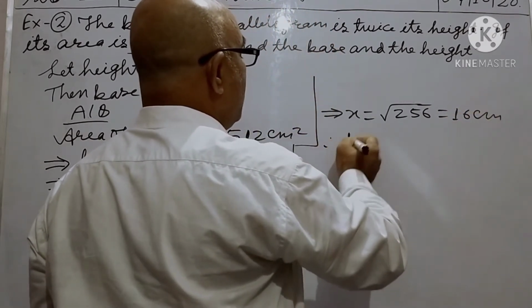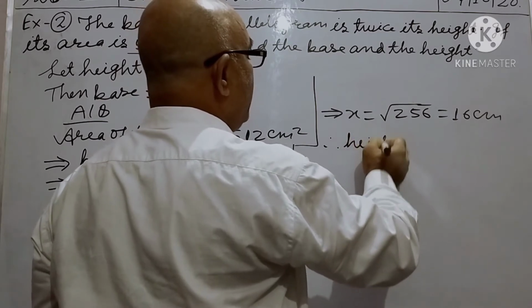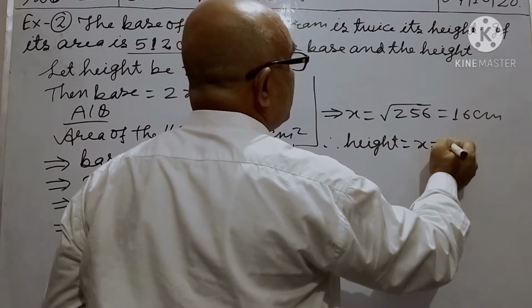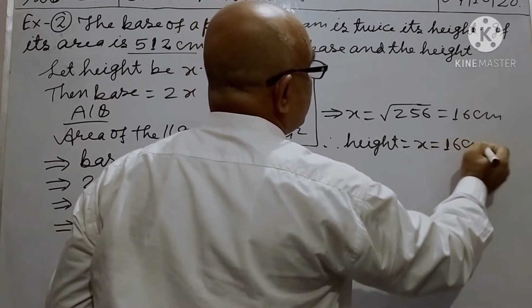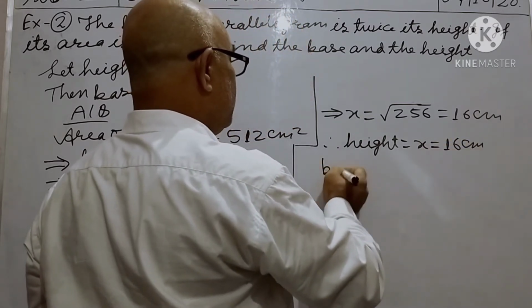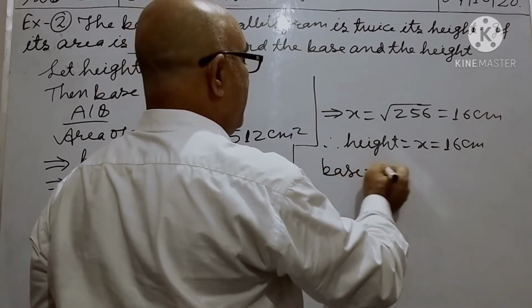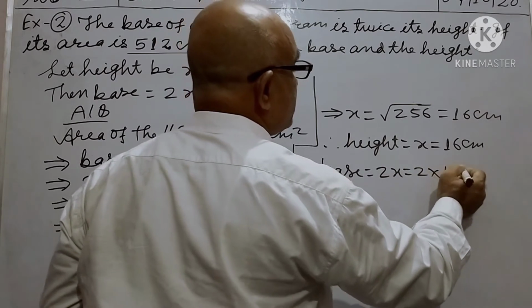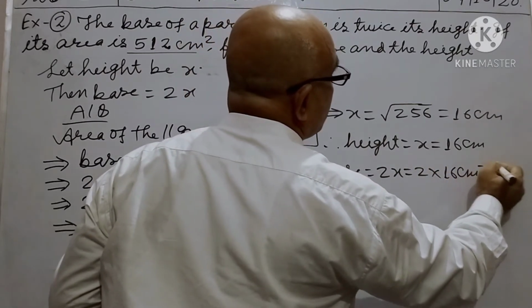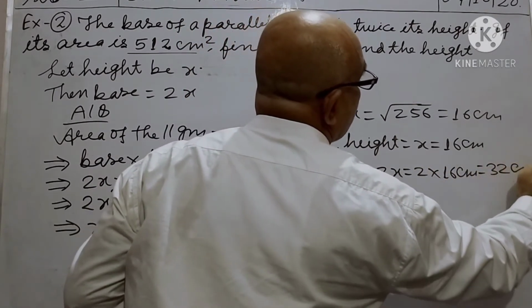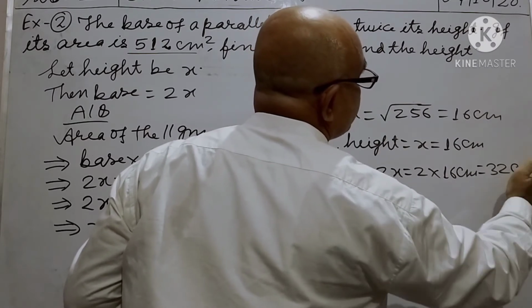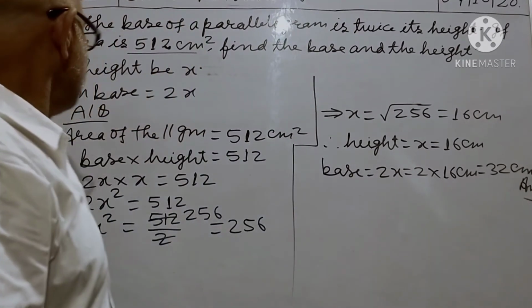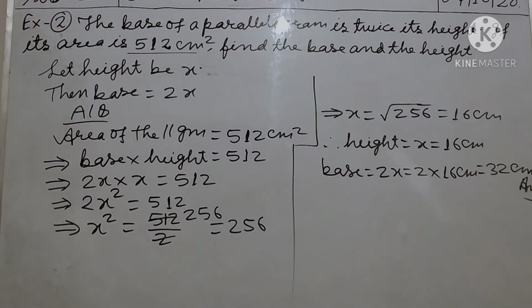Therefore, height equal to x equal to 16 cm, and base equal to 2x equal to 2 into 16 cm equal to 32 cm. Students, understand and write it.